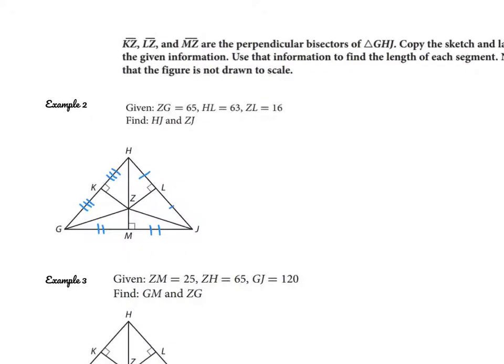So another thing we can conclude from this, since we have the 3 perpendicular bisectors that are intersecting, we can conclude that point Z is the circumcenter.